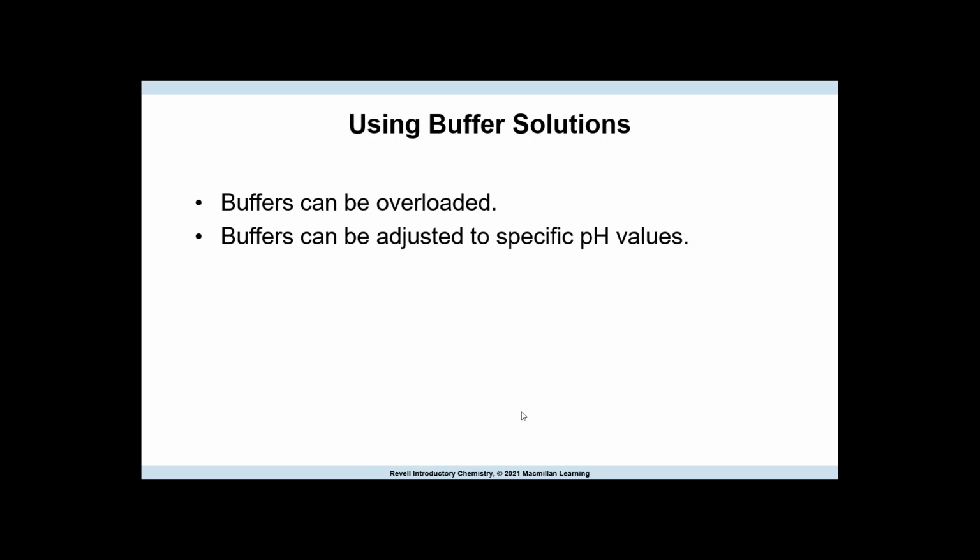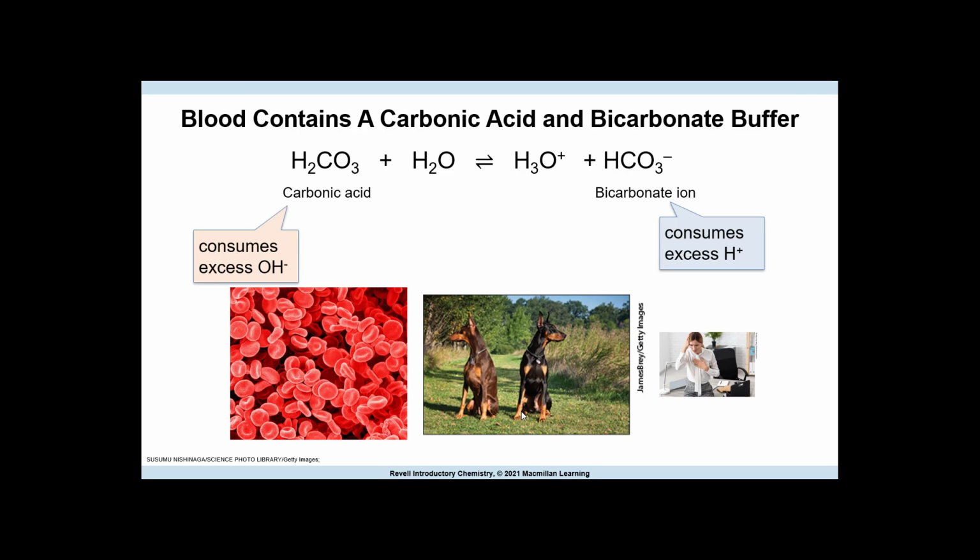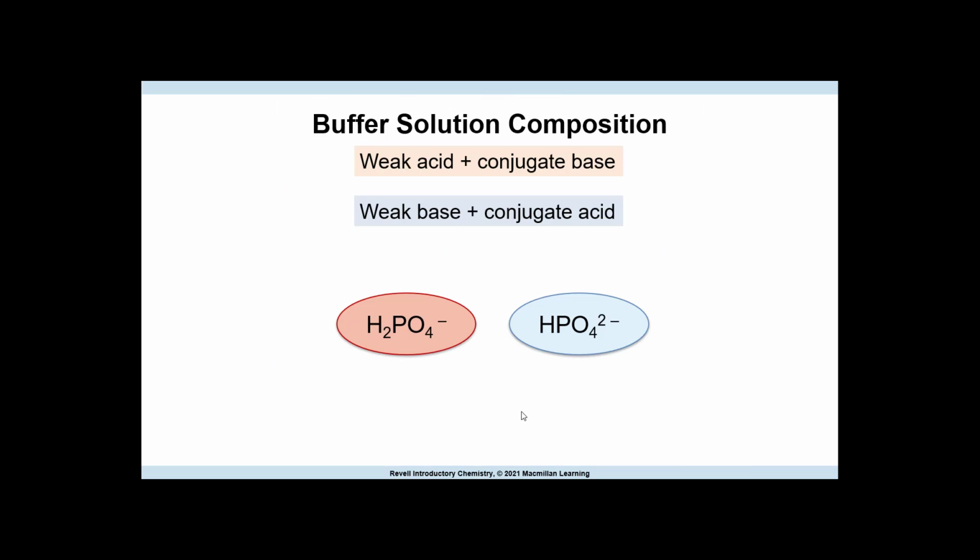So what are they saying about overloaded? It means that there's large amounts of, let's just pick one of them, because remember, it's got to be either a weak acid and conjugate base, or weak base and conjugate acid. So let's say that we pick one of these. It's in large combinations of both.